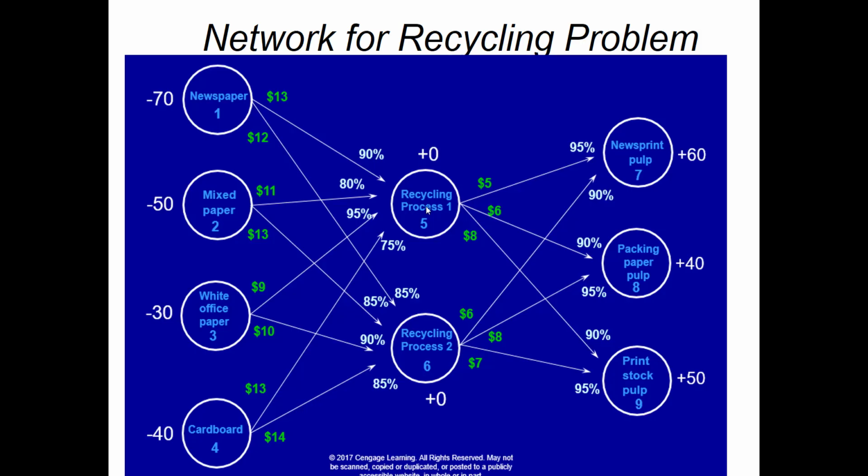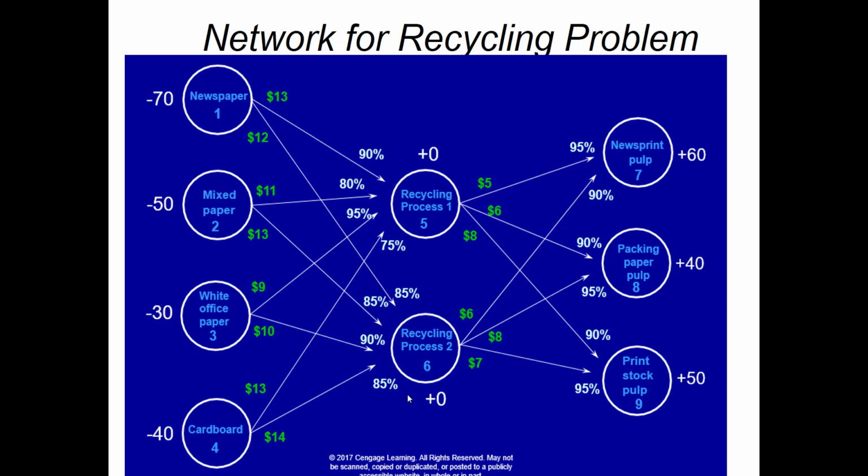So the outflow is x57, x58 and x59, and the subtraction of the inflow minus outflow should be greater or equal to 0.